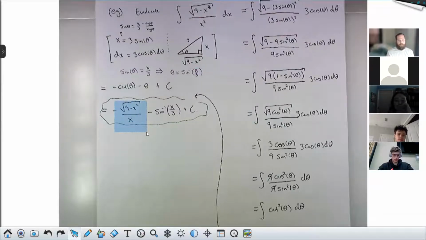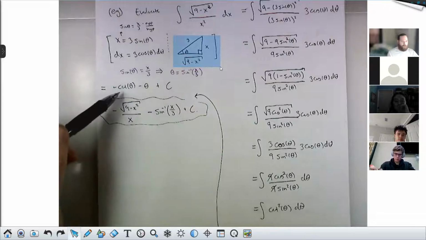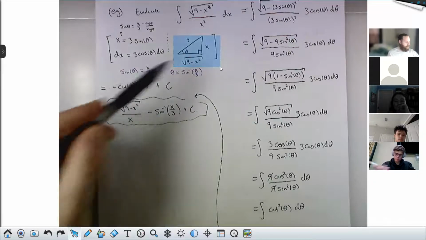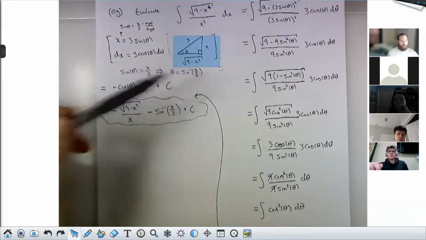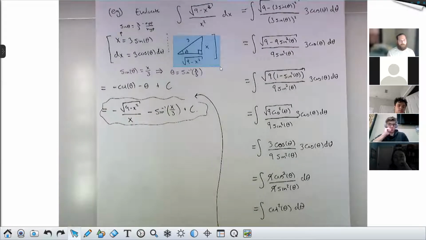So this piece came from the triangle, where I just read off what cotangent of theta is. By the definition, cotangent is the adjacent over the opposite. So that's why we made the triangle at the start.